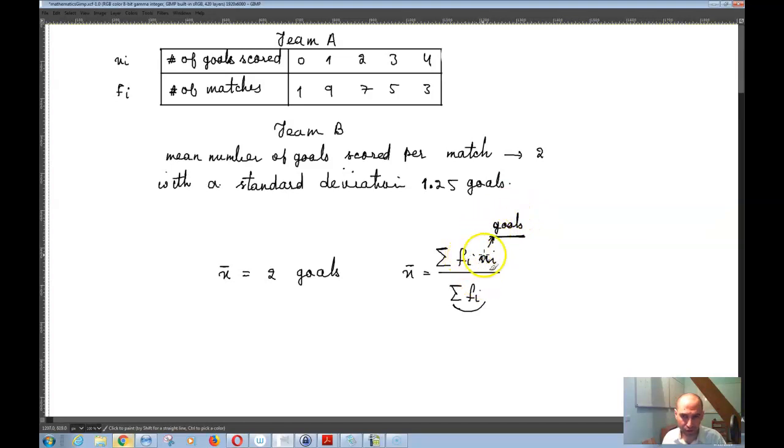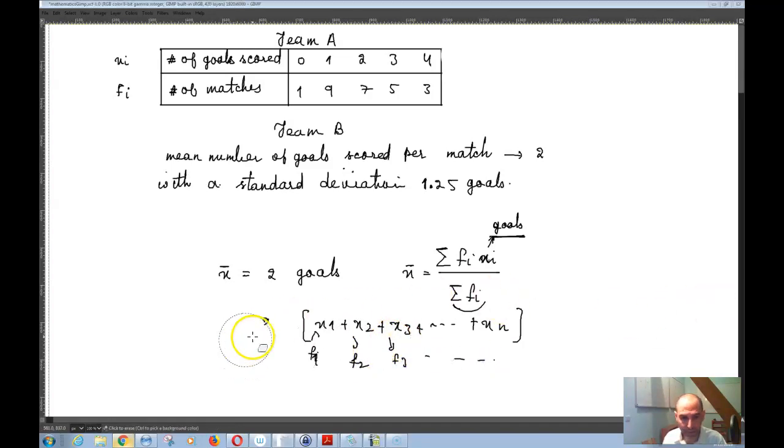And then you have x1 plus x2 plus x3 plus all the way up to x of n, and of course there are all of these f of i's, f of 1, f of 2, f of 3, and so on and so forth, multiplied by these as well.